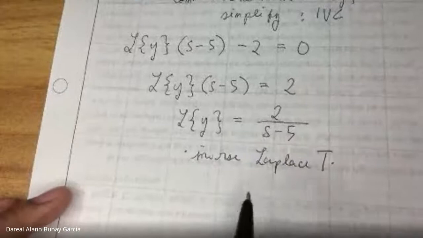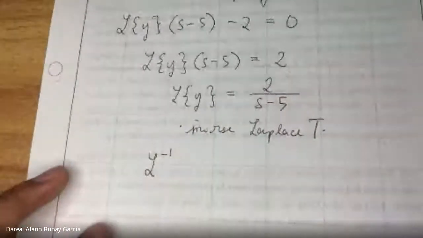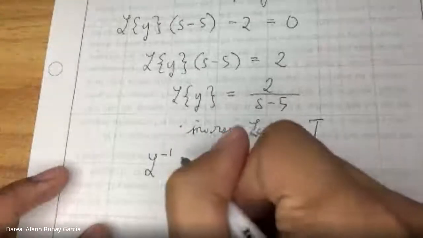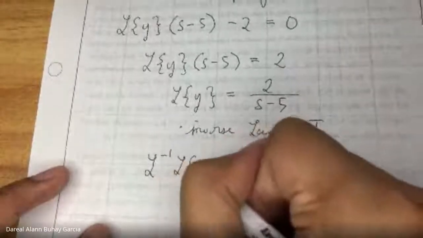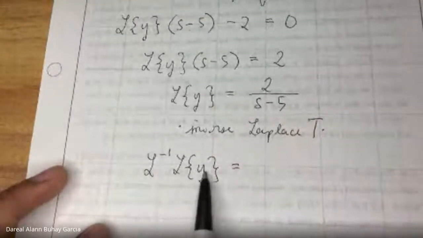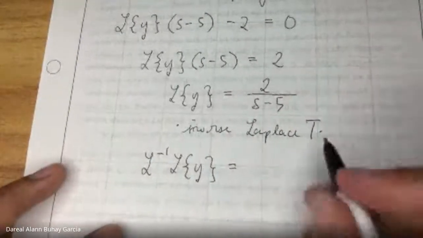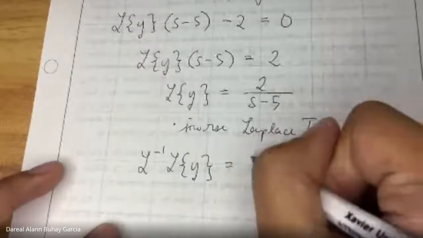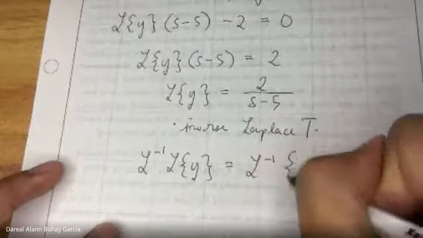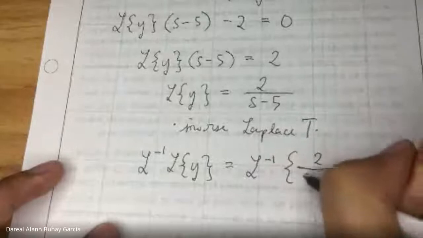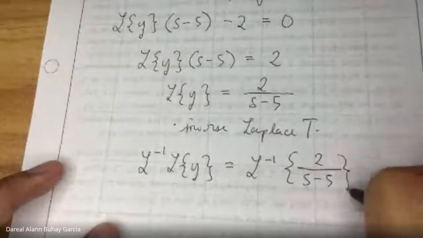The notation for the inverse Laplace transform is just that. The inverse of the Laplace of y is y, so they cancel out, and we take the inverse of 2 over s minus 5.